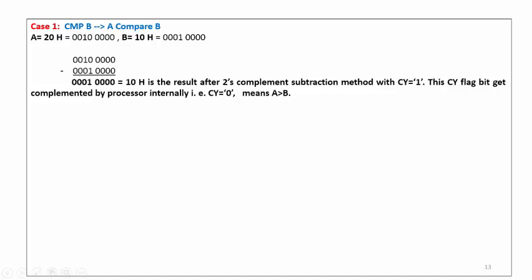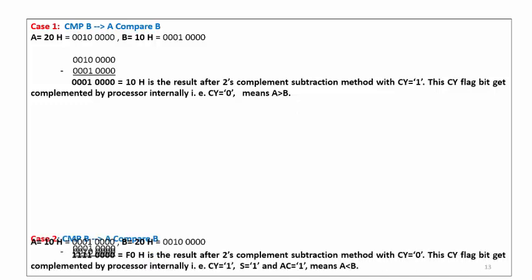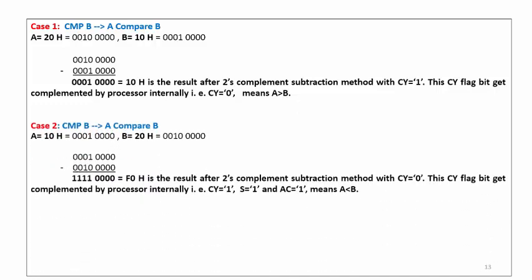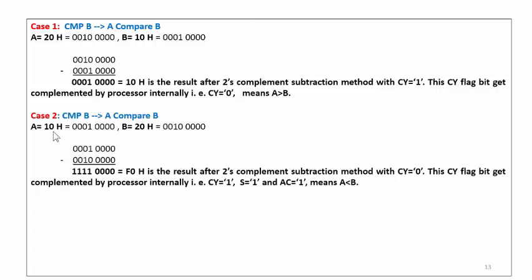As we are not getting carry flag set, that is 0, this carry flag bit gets complemented by the microprocessor internally. So the result we are getting, 10 hex, means the accumulator content is bigger than the B register content.